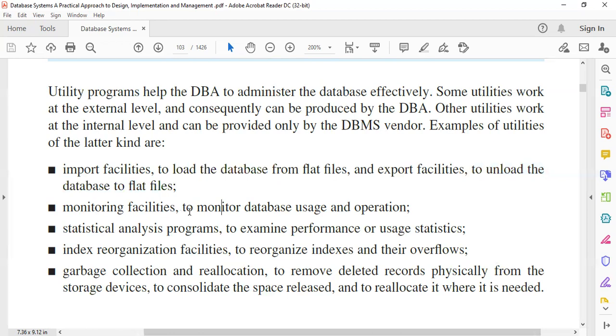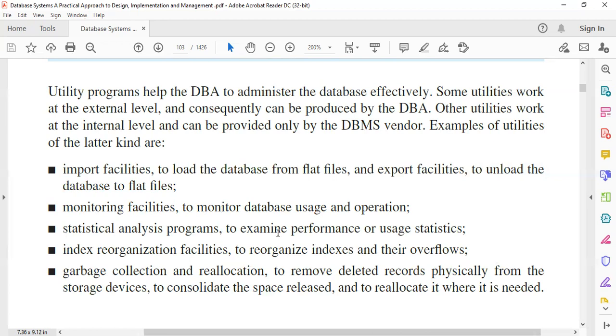Monitoring facilities are supposed to monitor the usage and the operation of the data: who is able to access the data, what has happened to the data, and so on. Then it also provides statistical analysis programs. These examine the performance and the usage statistics.